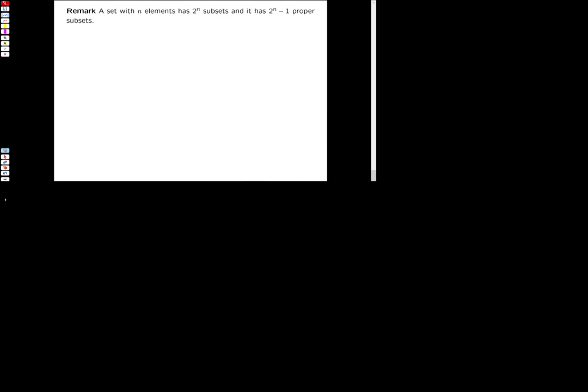And all we have to do is to be able to find out how many subsets there are. So a set with n elements has 2 to the n subsets, and it has 2 to the n minus 1 proper subsets. That's all we need to know. Memorize this. Memorize it for keeps, because we're going to need it again at the end of the semester.